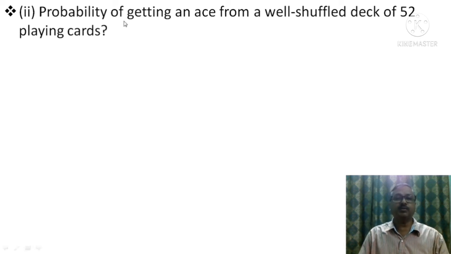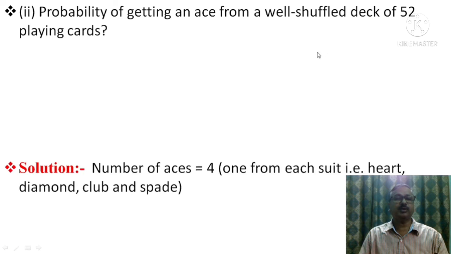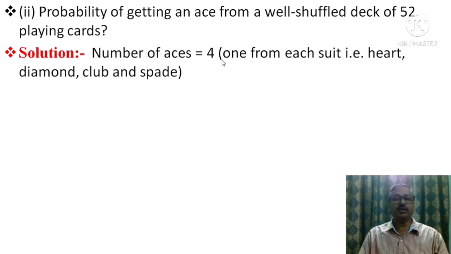Here the question is probability of getting an ace. Ace means A, and it is present in all 4 suits, 1 in each. The total number of aces in a deck of 52 cards is 4, one from each suit: heart 1, diamond 1, club 1 and spade 1. These are the names of the 4 different suits.